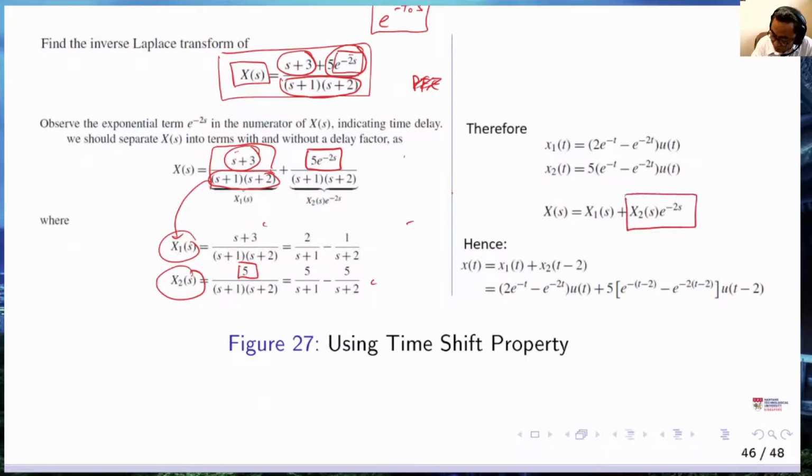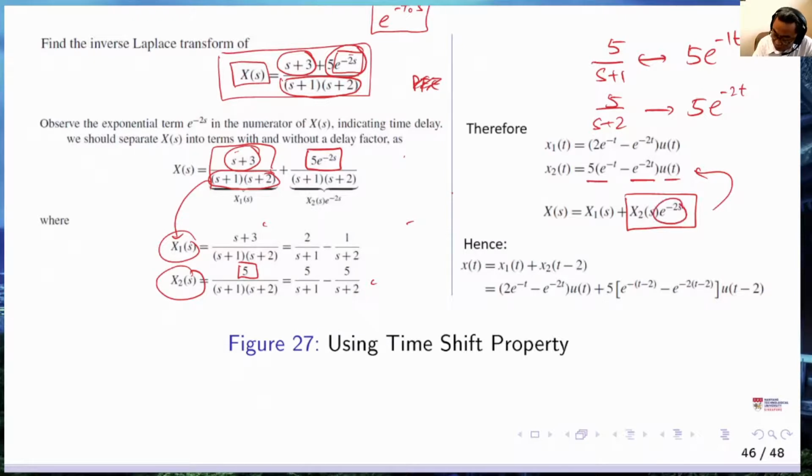X2 of s e to the minus 2s, when we perform inverse Laplace transform, 5 over s plus 1 becomes 5e to the minus t by lookup table. 5 over s plus 2 becomes 5e to the minus 2t in the lookup table. So we have 5e to the minus t minus 5e to the minus 2t, times u of t.